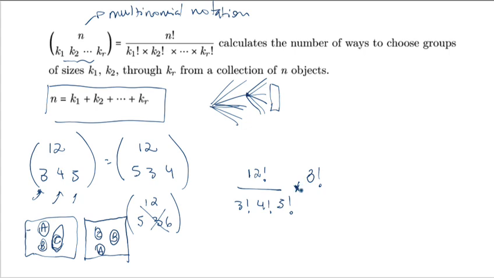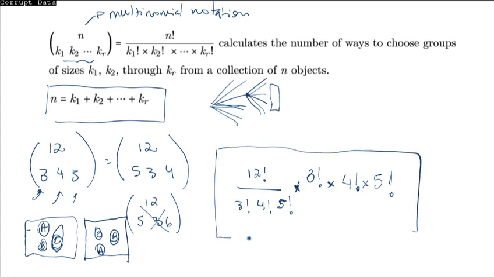Because each of these possibilities will have the Tesla permutated, but also each of these possibilities can have the Toyota permutated, so 4 factorial, times the Nissan permutated, 5 factorial. So this is the answer to the exercise that we've proposed.